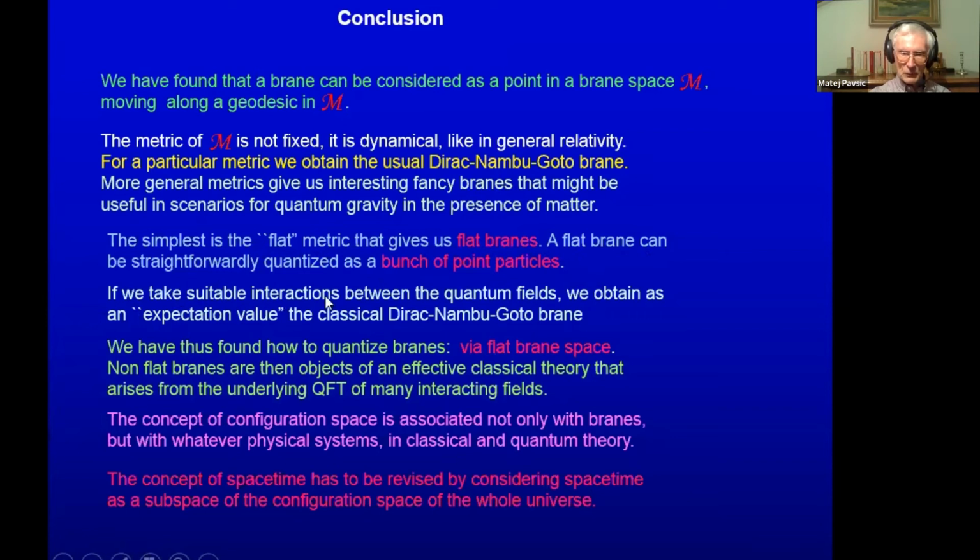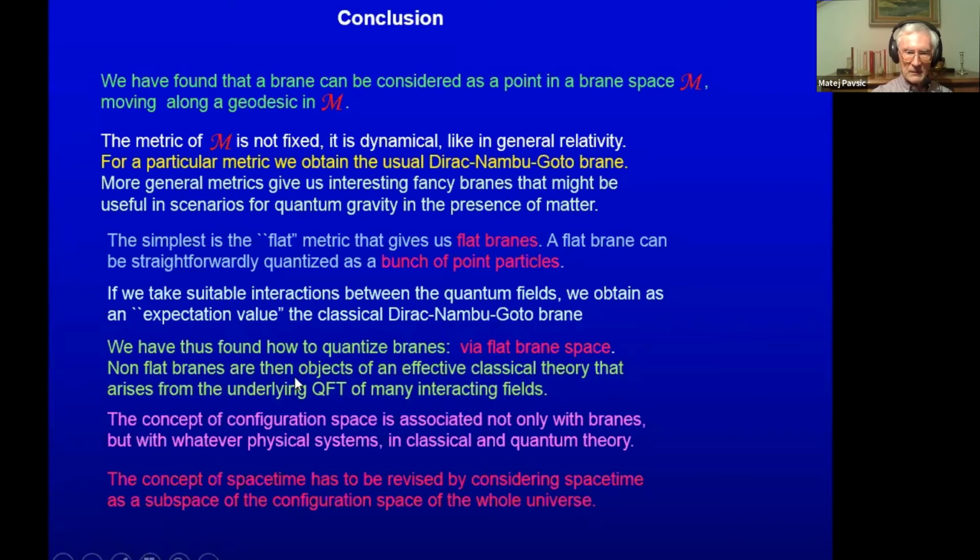If we take a suitable interaction between the quantum fields, we obtain as an expectation value the classical Dirac-Nambu-Goto brane. We have thus found how to quantize branes via flat brane space.